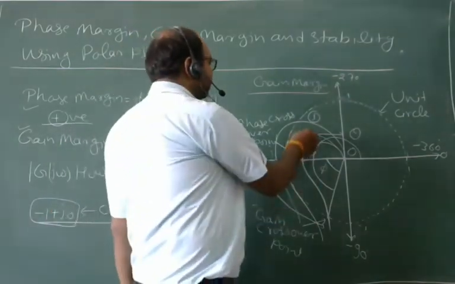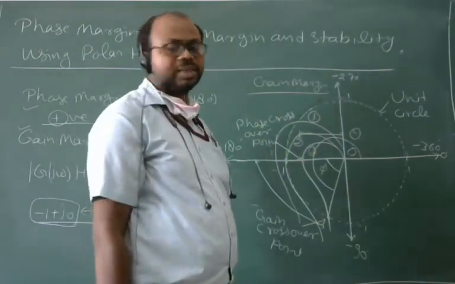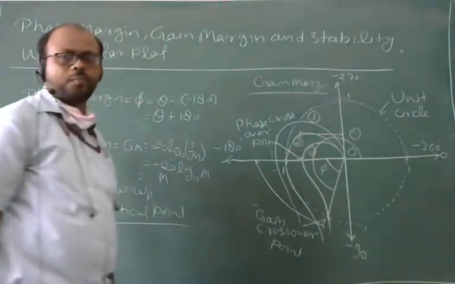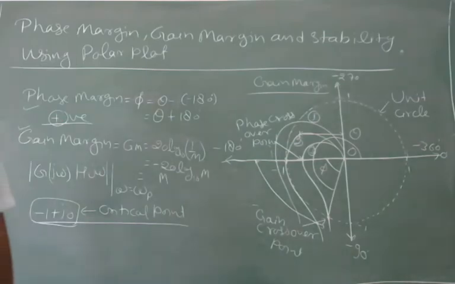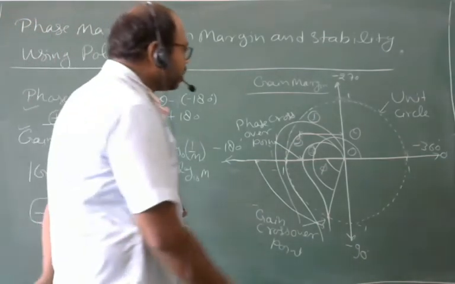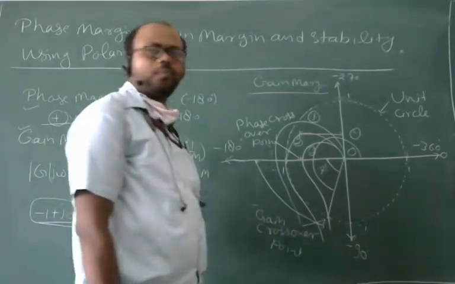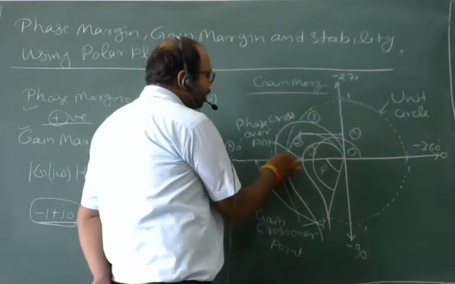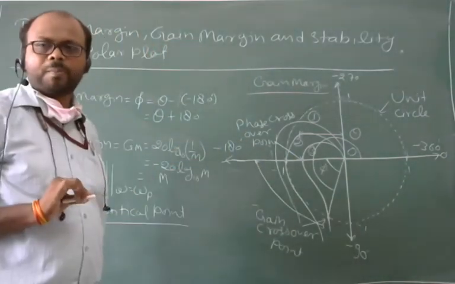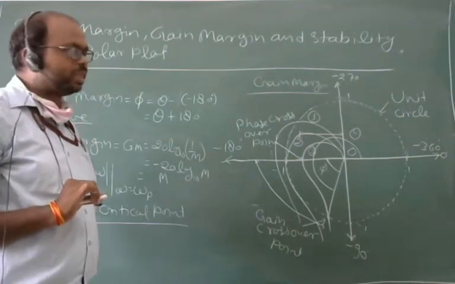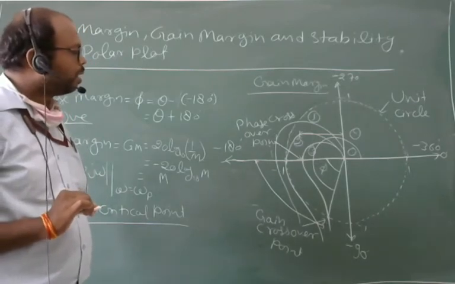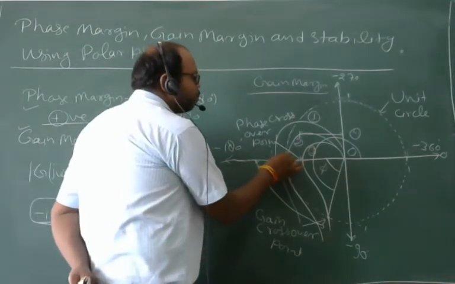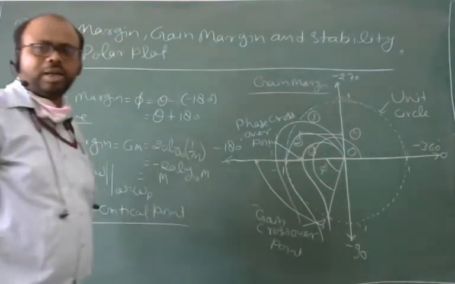Consider the second case. In the second case, the polar plot goes through this minus 1 plus j0, right? For minus 1 plus j0, the phase crossover point and gain crossover point are both here only.